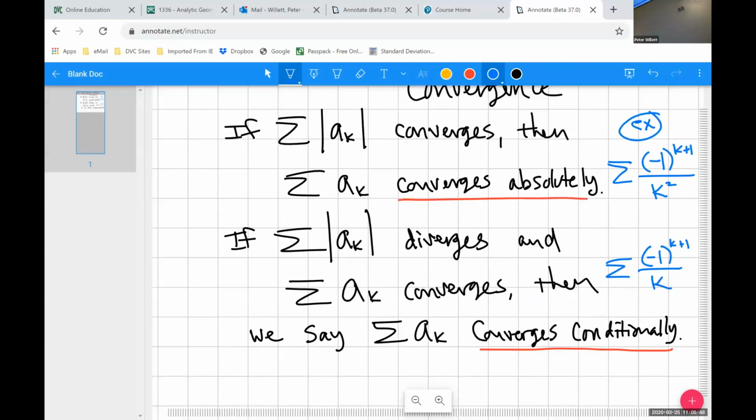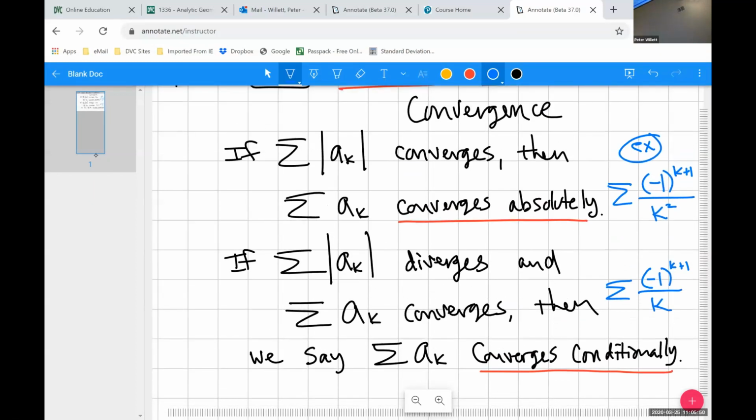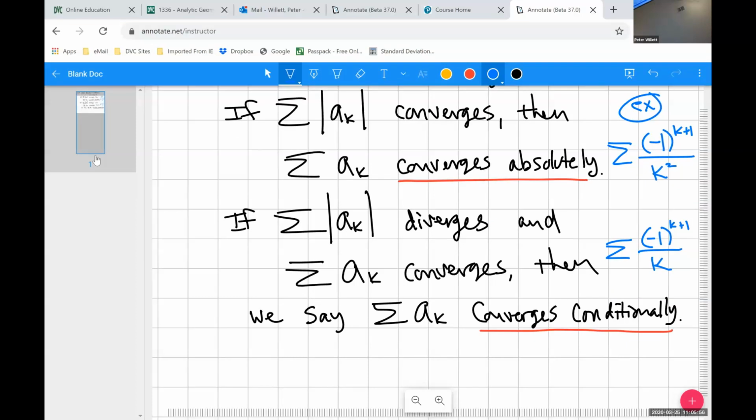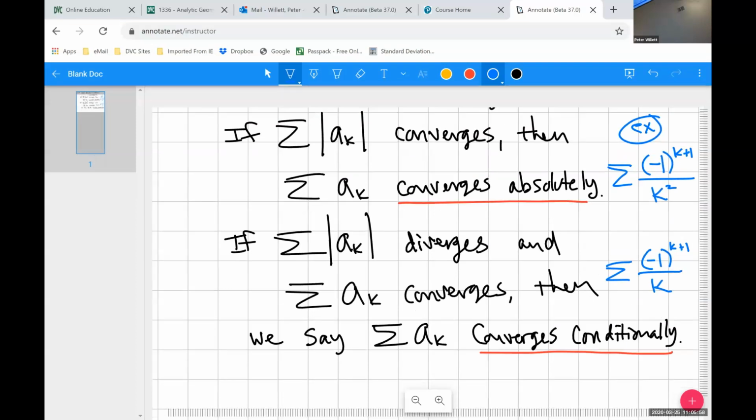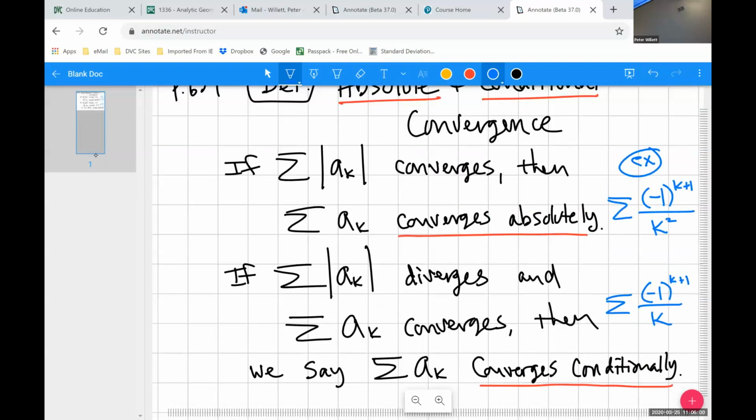All right, so the next theorem is something that we basically rely on for all, or almost all, of our work with alternating series tests. And that's the basic idea that if some negatives are added somewhere along the way, that will only increase the likelihood of convergence.